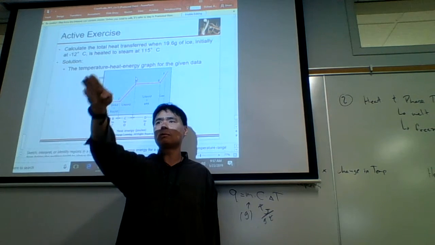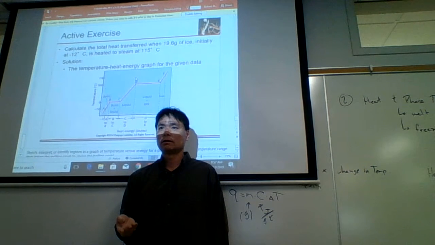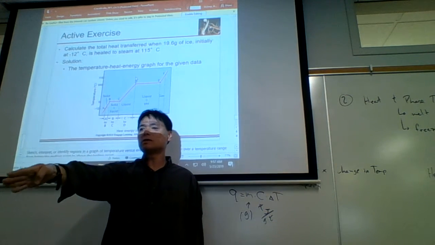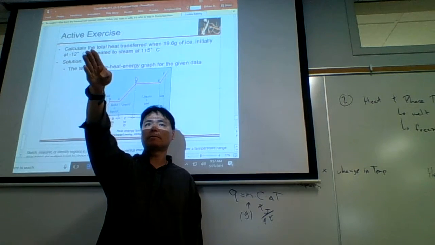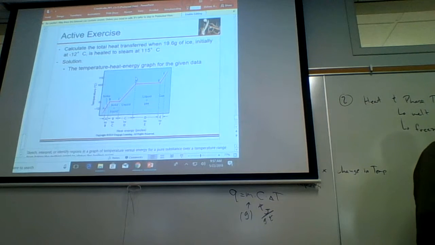That's object warming. Object warming is Q is equal to, what's the equation? Q is equal to MC delta T. So ice warms up to 0 degrees C. And so the first part of this is this.